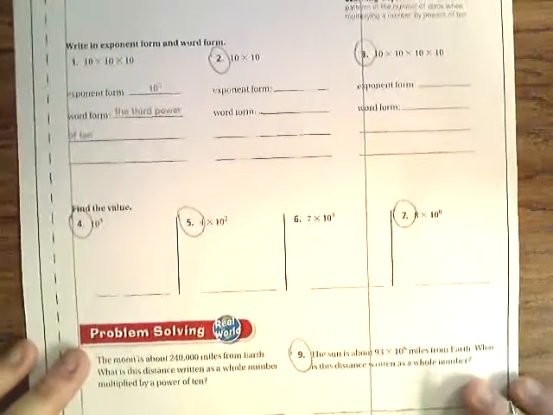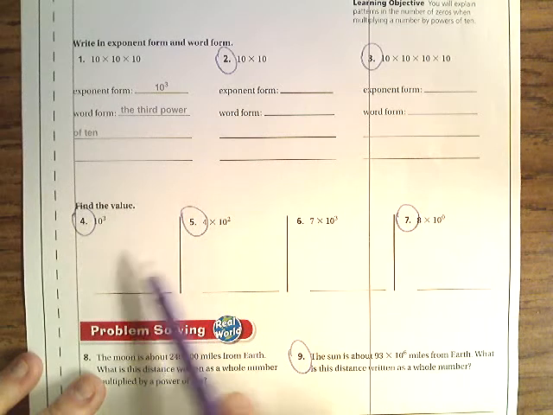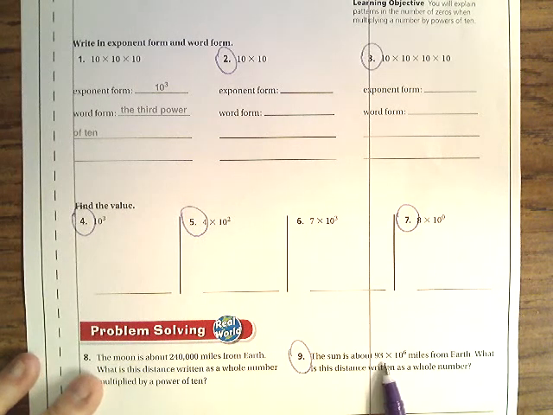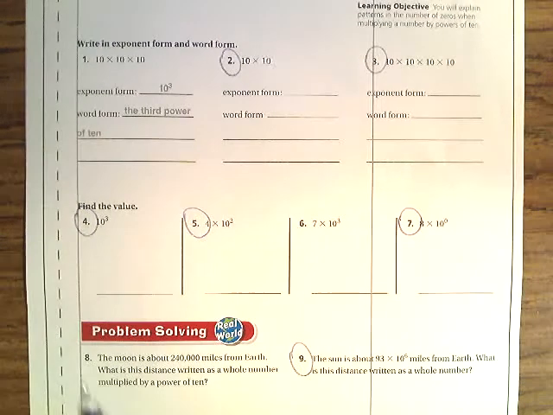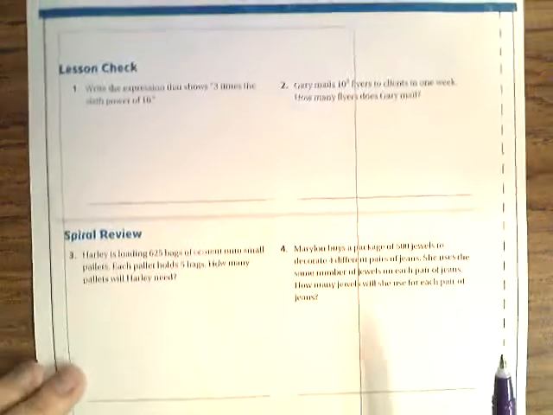Okay, so you are working on problems number 2, 3, 4, 5, 7, and 9. Okay? Then on the back, page 28, please make sure you circle these.